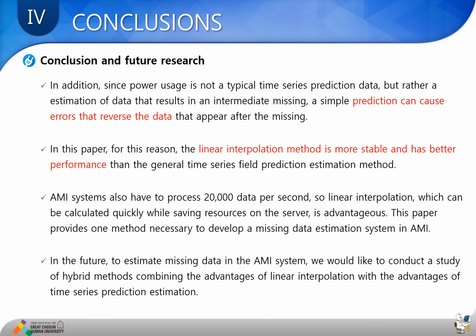In the future, to estimate missing data in the AMI system, we would like to conduct a study of a hybrid method combining the advantage of linear interpolation with the advantage of time series prediction estimation.